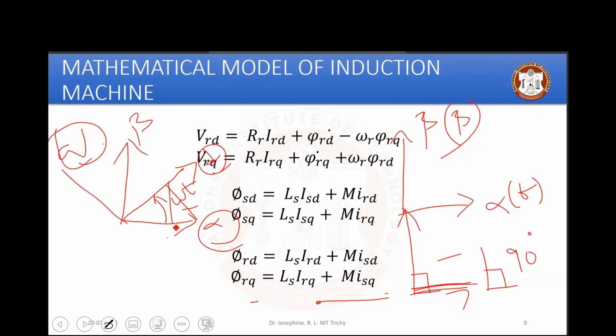Assume that this is your d magnitude. You know d and you want alpha. And you know q, so take it in the opposite direction and project your q here. This is q, this is d. But you have to take omega t here: something like d cos omega t minus q sin omega t will be your alpha value.